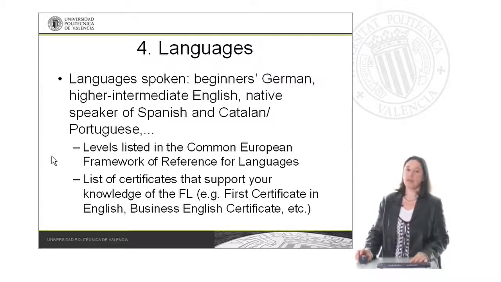To specify the level of knowledge, we can refer to the Common European Framework of Reference for Languages, which has a set of levels, a standard set of levels, which are recognizable by the whole of Europe, the European Union.